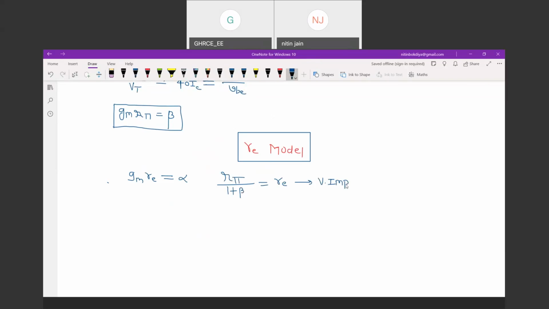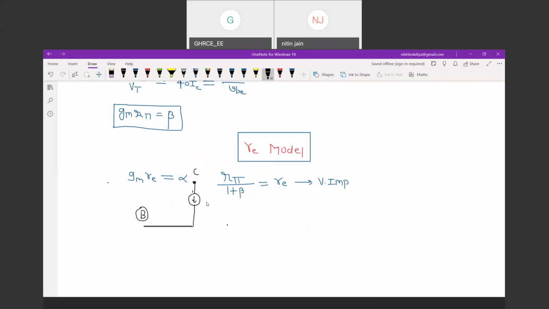a small signal relationship. And what is the RE model? The RE model is given by this: this terminal is known as the base terminal. Then we have one dependent source, and this terminal is known as the collector terminal.